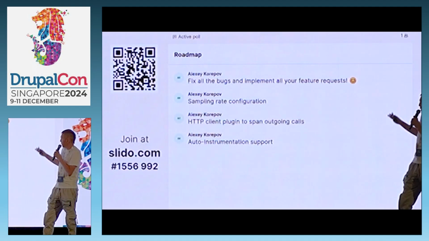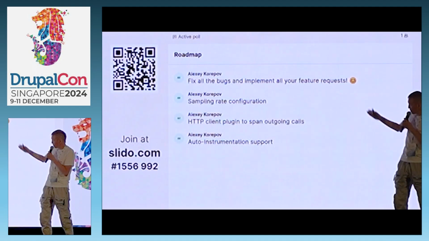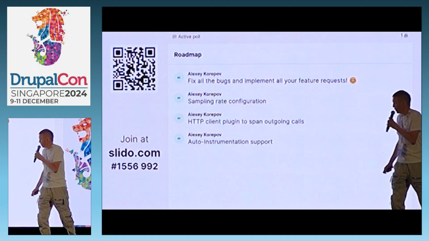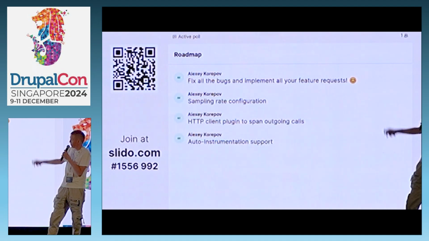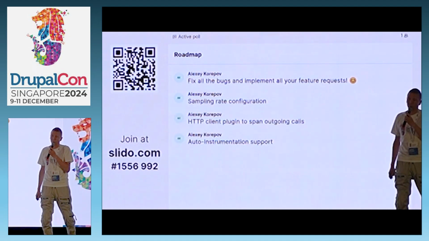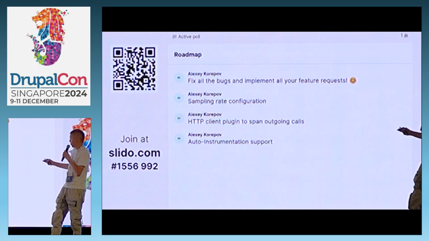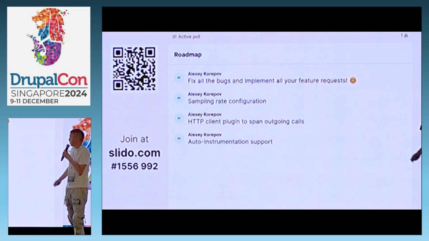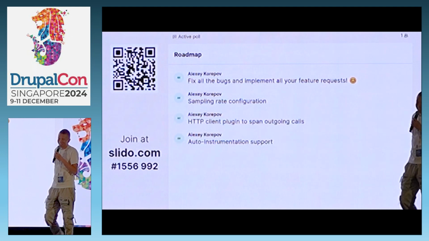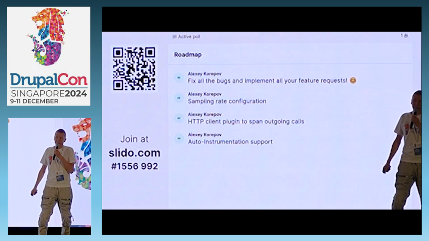And here is the roadmap. You can scan the QR code again and put in new ideas that you want to be implemented in the module. First of all, I want to fix all the bugs and implement all your feature requests. The second is sampling rate configuration.